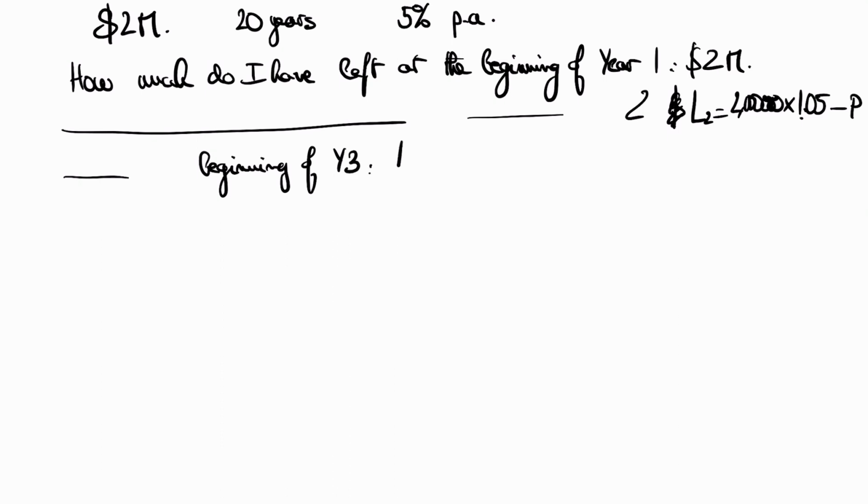Well, what I have is the money that I had left at the beginning of year 2, which is L2, which has now accumulated 1.05 interest, minus the payment that I took.